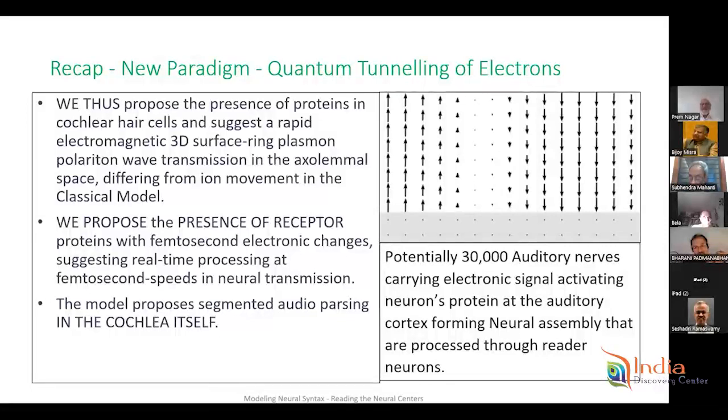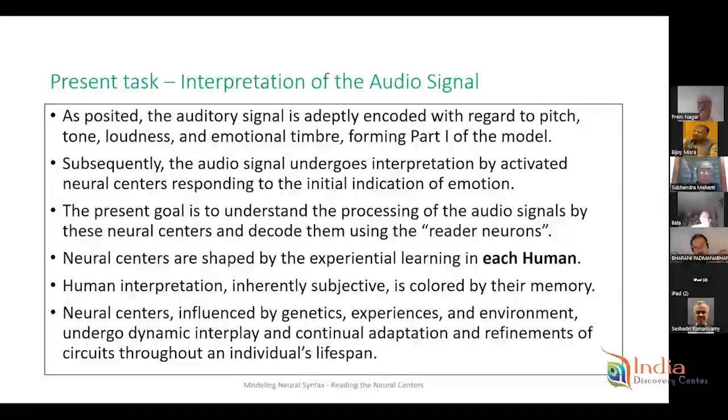Now, from the cochlea, there are potentially 30,000 auditory nerves which carry this electronic signal, activating neurons, protein at the auditory cortex, forming a neural assembly that are processed through reader neurons. Now, the present task, the interpretation of the audio signal, as posited, the auditory signal is adaptively encoded with regard to pitch, tone, loudness, and emotional timbre, forming part one of the model.